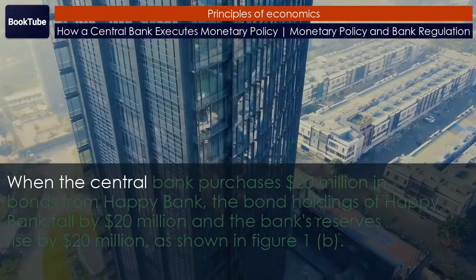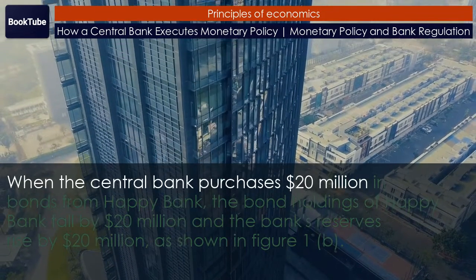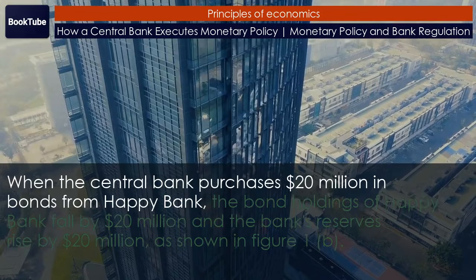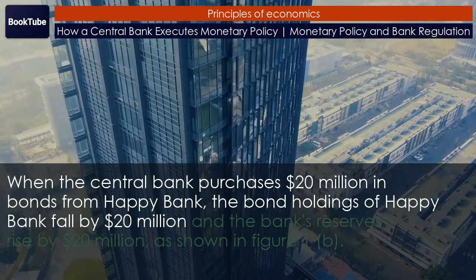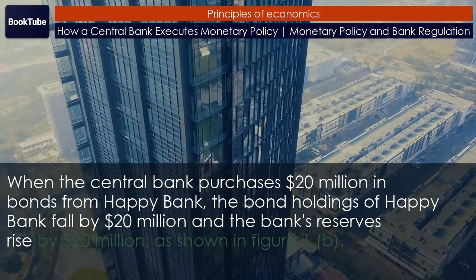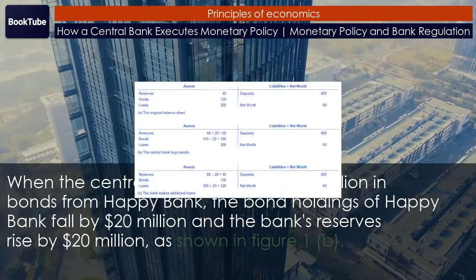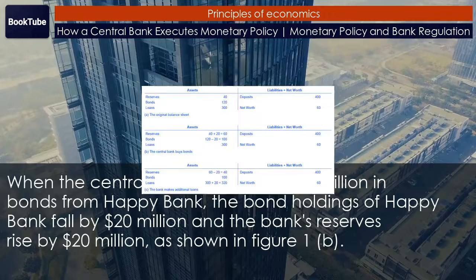When the central bank purchases $20 million in bonds from Happy Bank, the bond holdings of Happy Bank fall by $20 million and the bank's reserves rise by $20 million, as shown in Figure 1b.